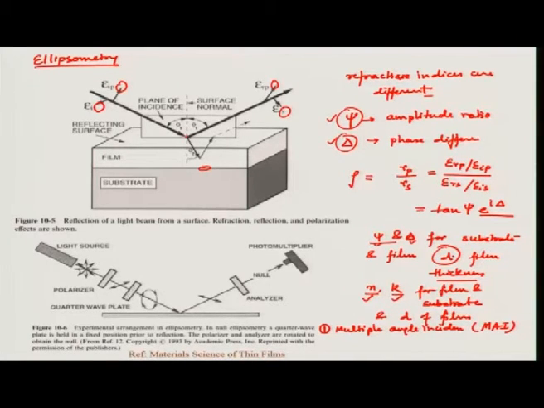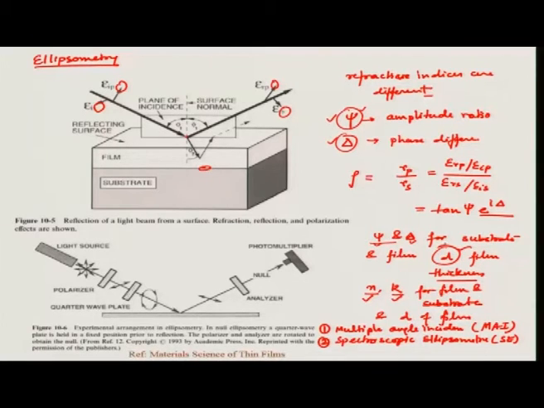Or you can use what is called spectroscopic ellipsometry, or SE, in which you do not change the angle of incidence, but you use multiple wavelengths, and for different wavelengths you observe psi and delta, and then using a computer model relate back to the film thickness.